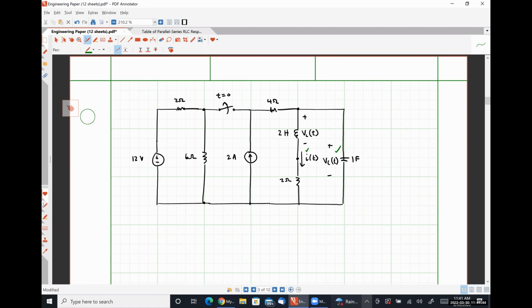Our first step is going to be to determine whether the circuit is an overdamped circuit, a critically damped circuit, or an underdamped circuit.